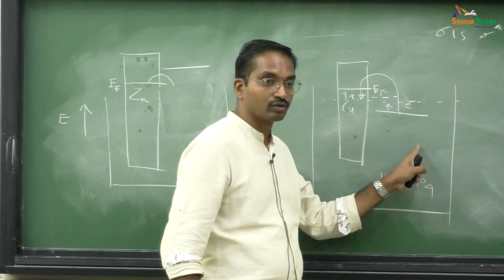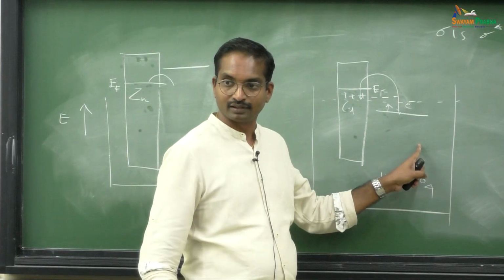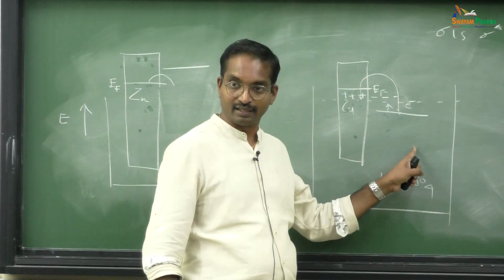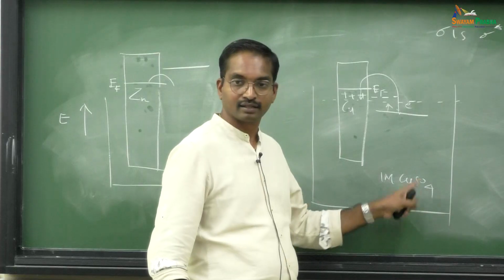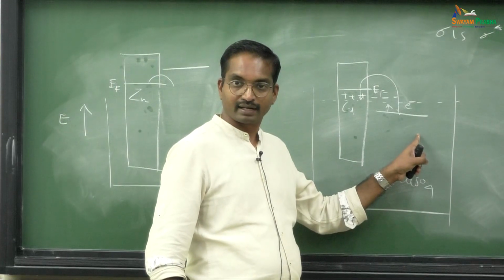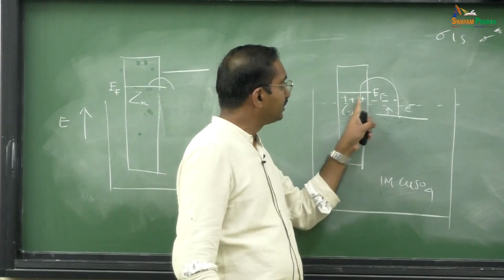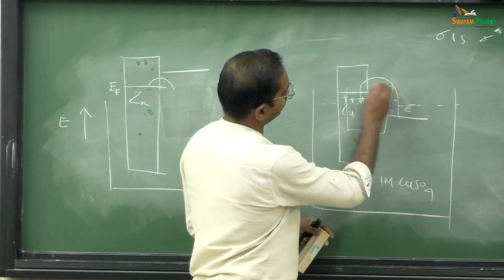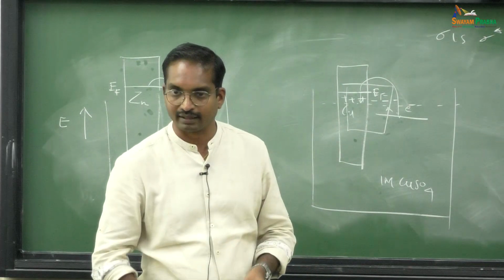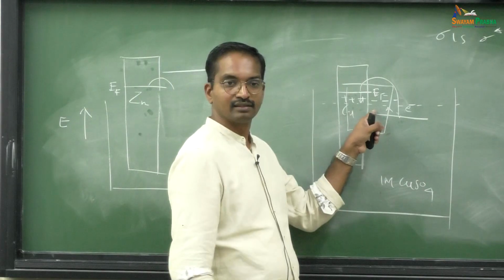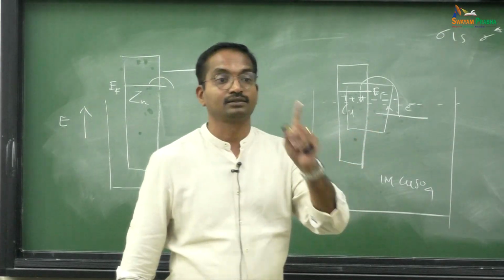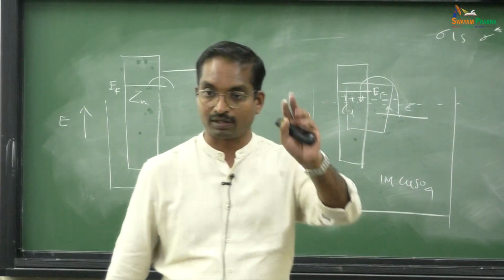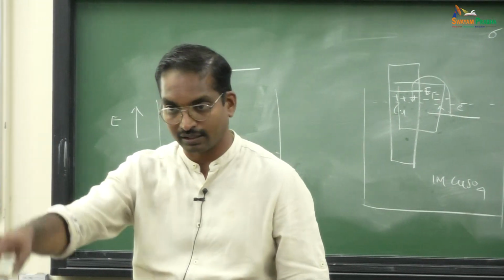Anywhere in the solution you go, there won't be any charge separation. Equal numbers of anions and cations you will find, if they are divalent. But in this region, which will be a few nanometers thick, there is a space charge layer. There is a positive charge on one side, a negative charge on the other side.